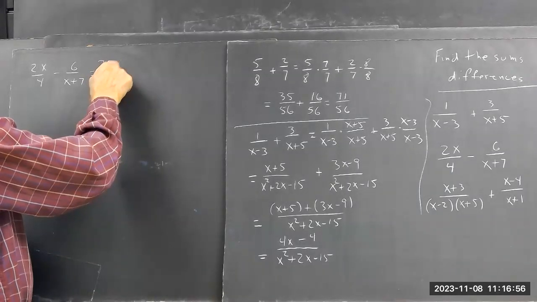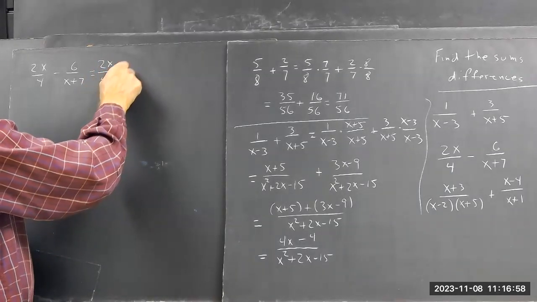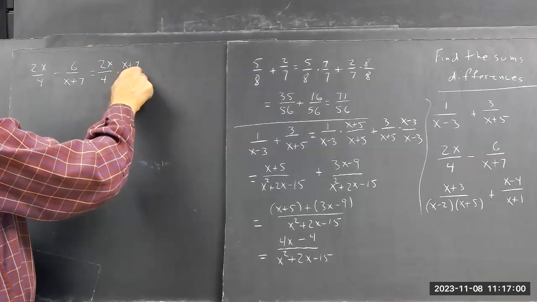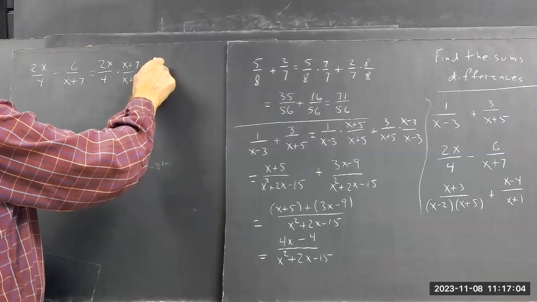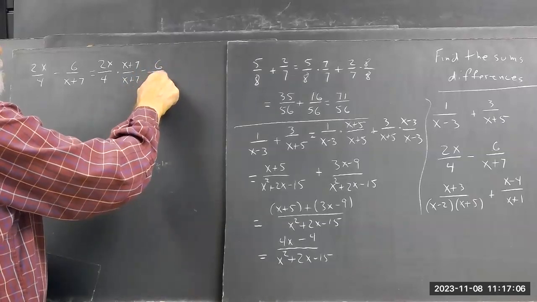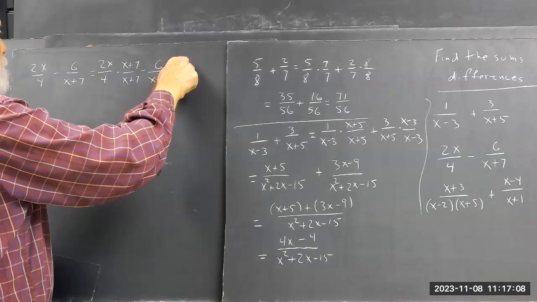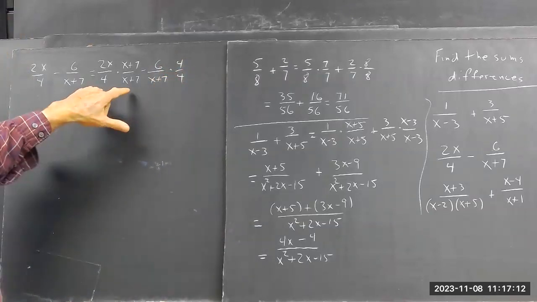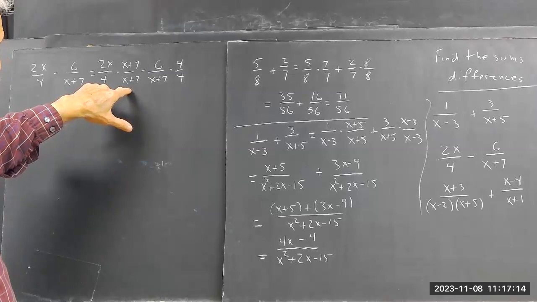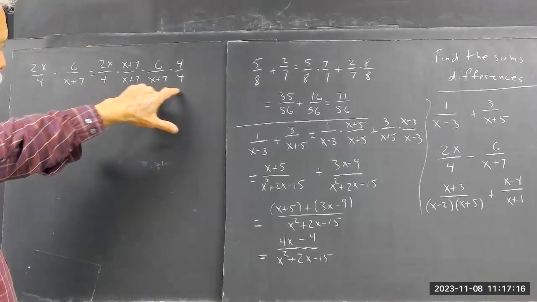You're going to have to multiply 2x over 4 by x plus 7 over x plus 7, and then 6 over x plus 7 will be multiplied by 4 over 4. Then our denominator is going to be 4 times x plus 7, or x plus 7 times 4, same thing.